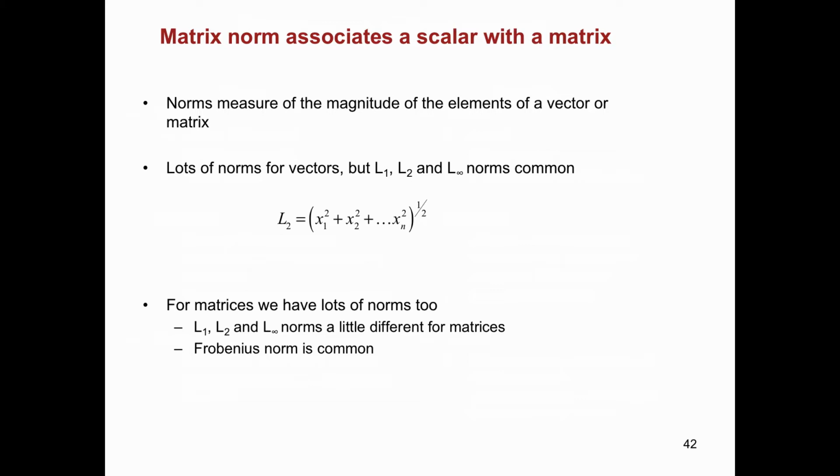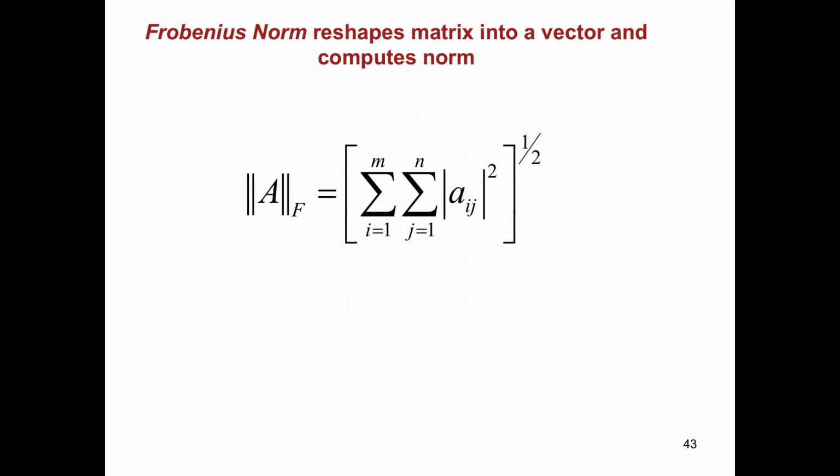Okay? And these are a little different for matrices. Something that looks very much like the sum of squares of all of the elements, for matrices, is actually called the Frobenius norm, and there is a reason for that. So this norm is the Frobenius norm, and it's kind of the simplest one to compute. I just take the square of all of the elements.